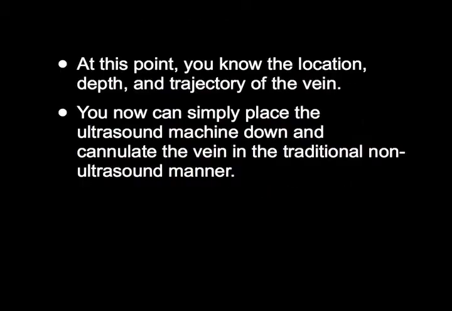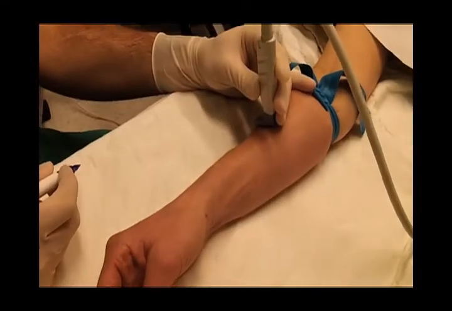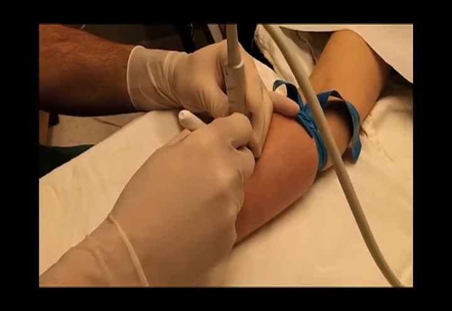At this point, you know the location, depth, and trajectory of the vein. You can simply place the ultrasound machine down and cannulate the vein in the traditional non-ultrasound manner that you are familiar with. This video demonstrates this process.